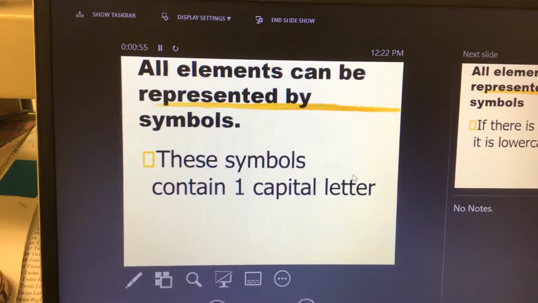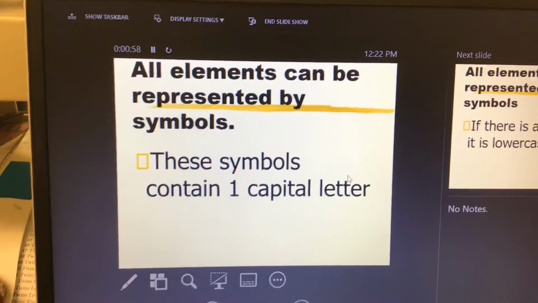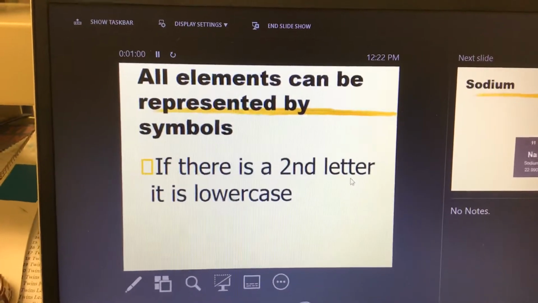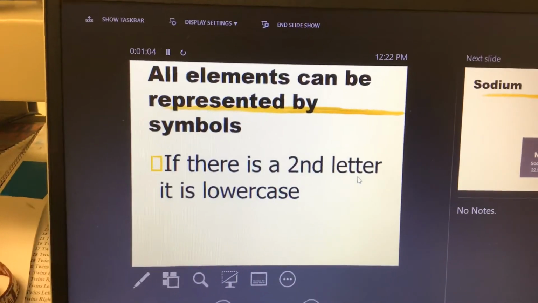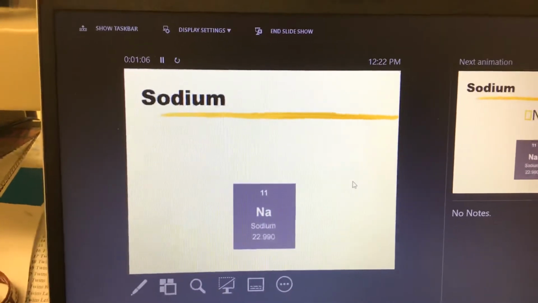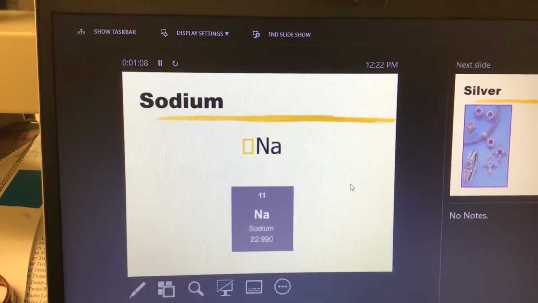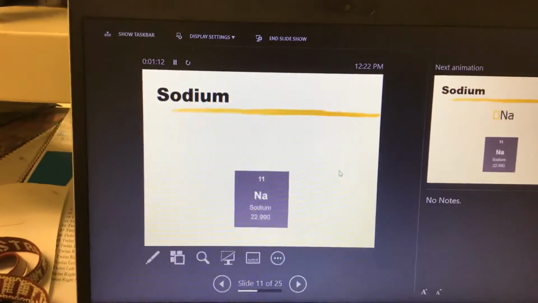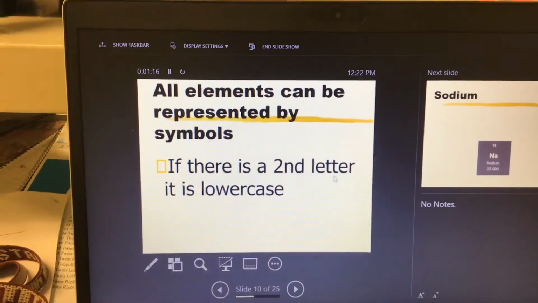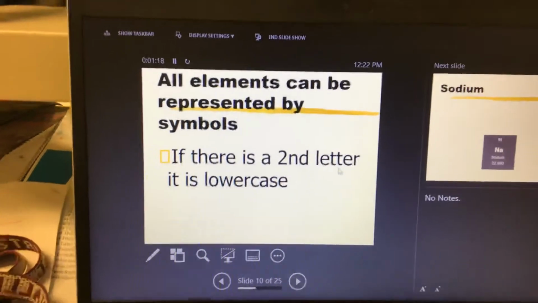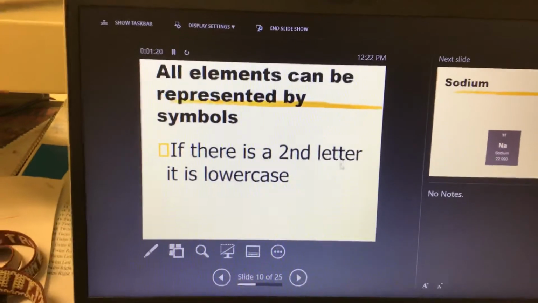If it's two, like lithium is Li, the first one is capitalized, the L. The second one, the I, is lowercase. So always capitalize the first one, lowercase on the second one.